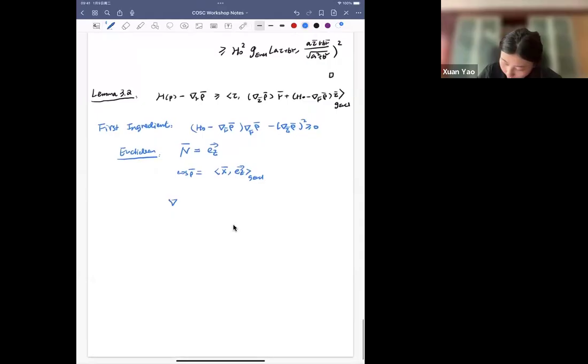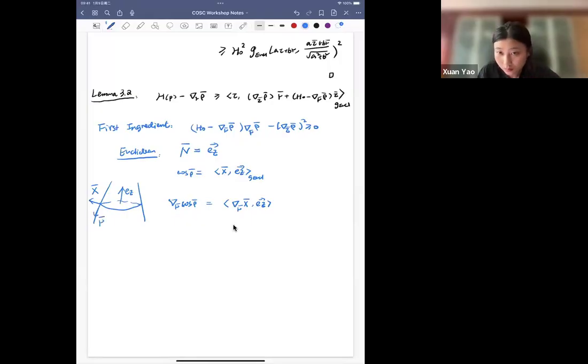So d nu bar cosine rho bar is actually d nu bar, x bar, EZ. Okay. And then, let's see, this is your EZ, this is your x bar, this is your nu bar.